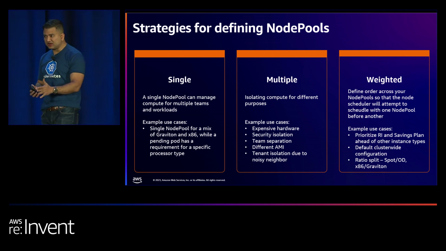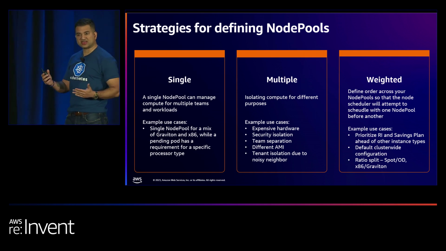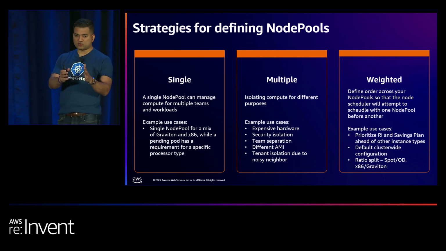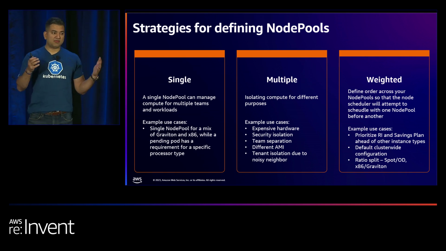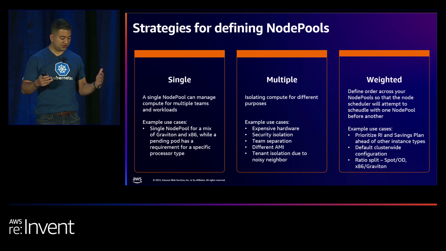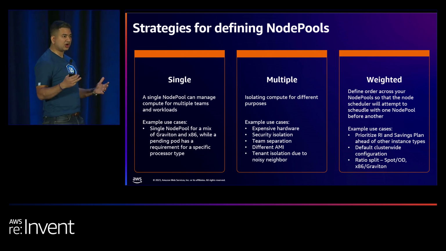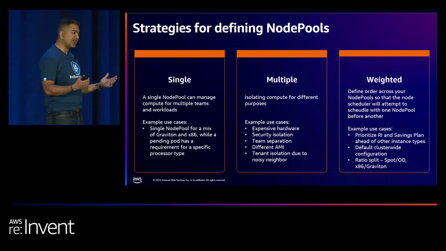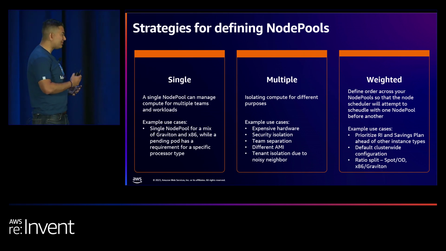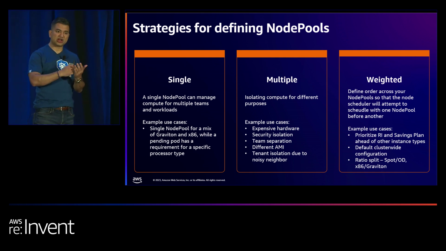Now, the middle one is pretty popular for multi-tenant environments, where you can say team A gets this node pool, team B gets this node pool, and the reason could be that team A needs to use some GPUs, or there is some security isolation that's needed, or different AMIs, or tenant isolation due to a noisy neighbor. Remember, we talked about how with Karpenter you can specify limits of how much CPU and how much memory.